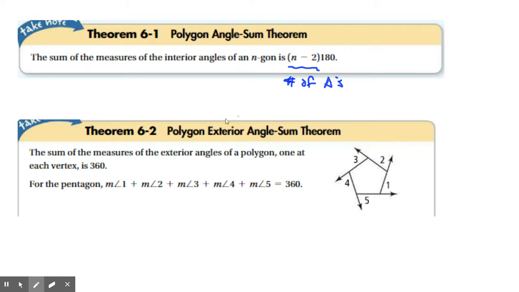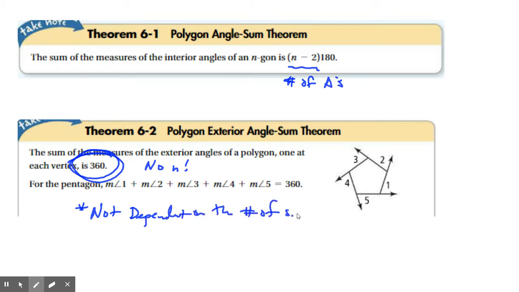Now, the polygon exterior angle sum theorem is a little bit different. It says the sum of the measures of the exterior angles of a polygon, one at each vertex, is 360. Notice there is no n mentioned. This is not dependent on the number of sides n.